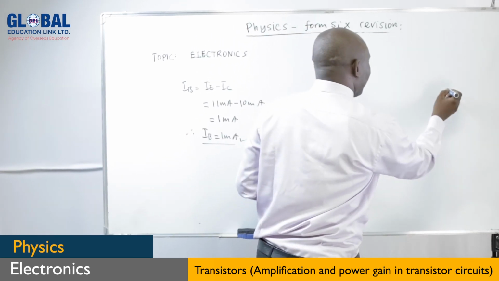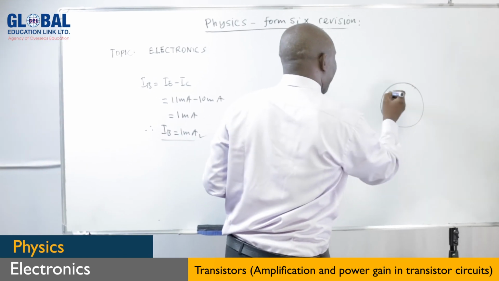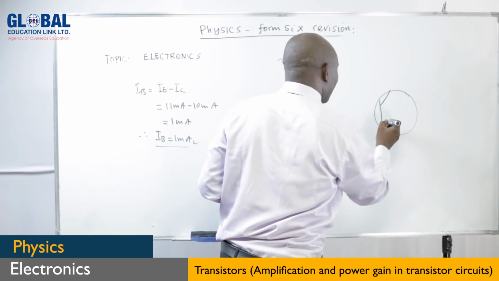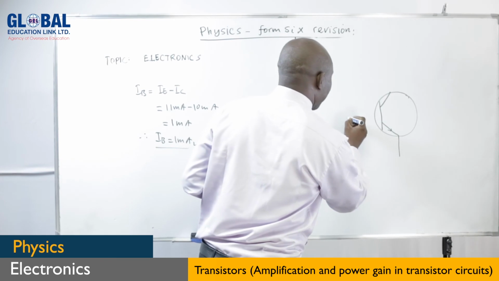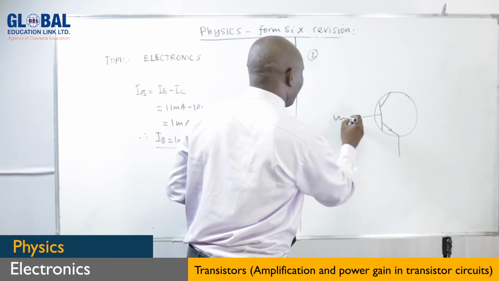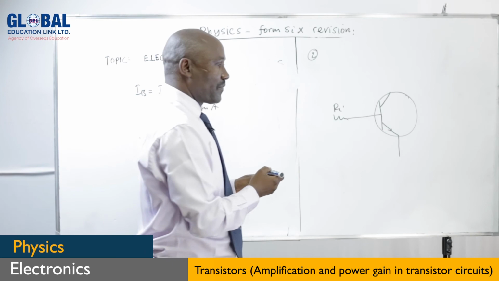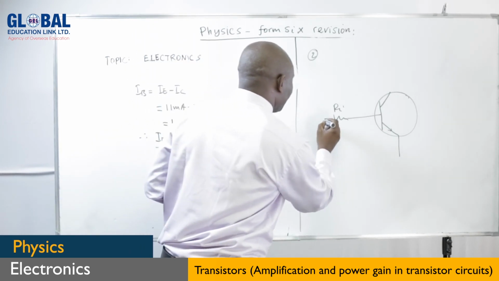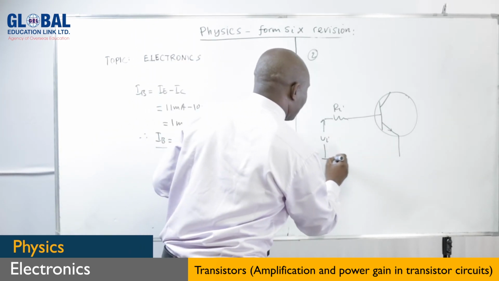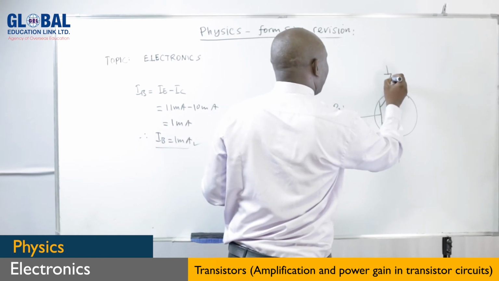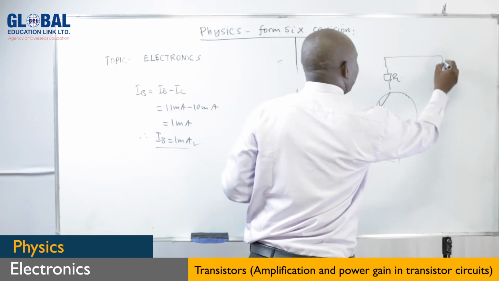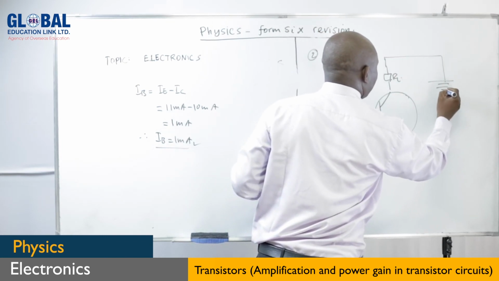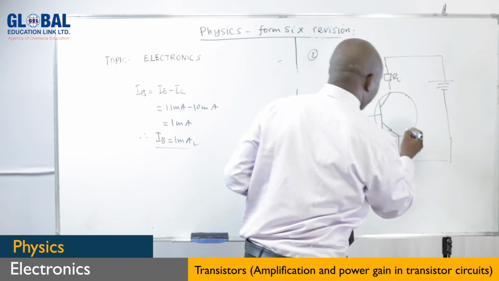We can use maybe an NPN transistor, such that we have the input resistance given here, the input voltage given here, the collector resistance RL here, and the supply voltage across that.